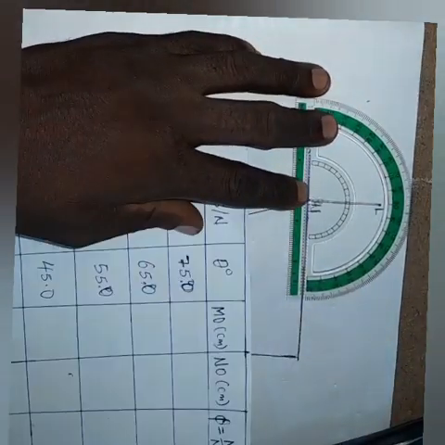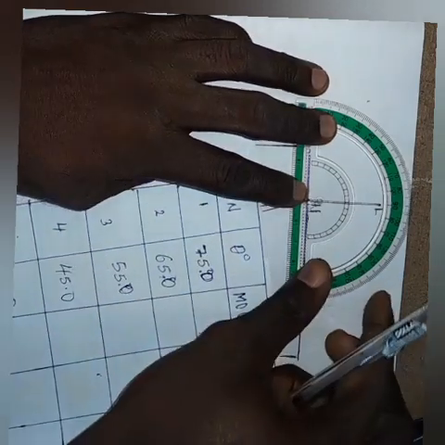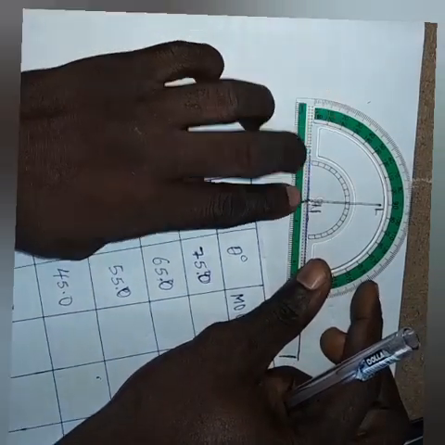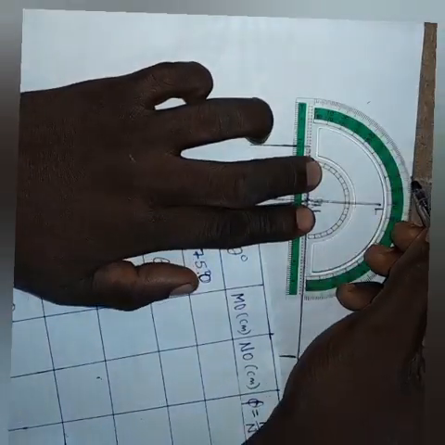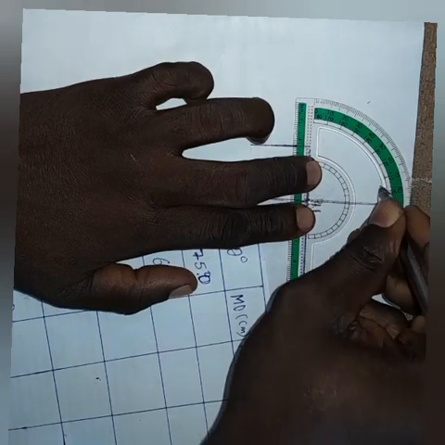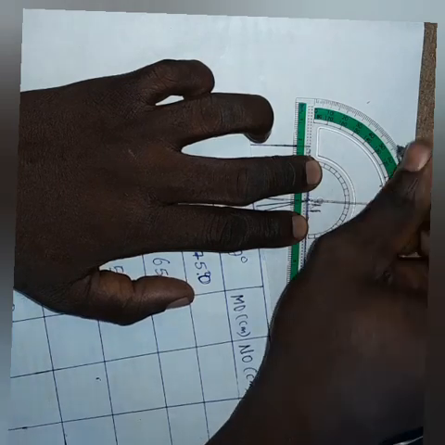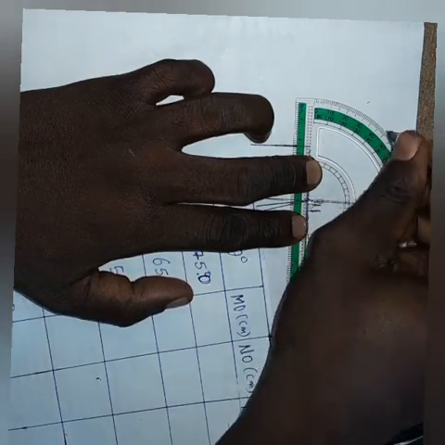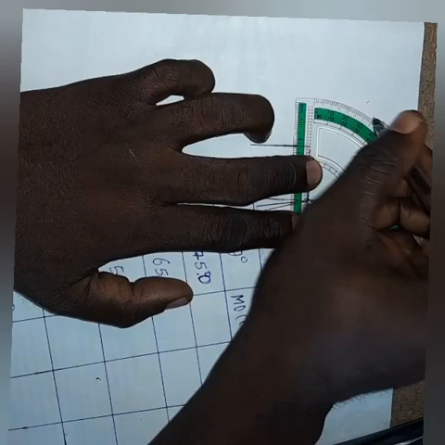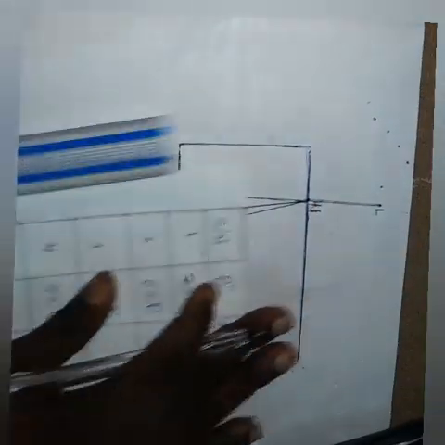The angles are 75 degrees. So let me take all the angles. This is 75 degrees. I'll draw one through there. This is 65 degrees, 55 degrees, 45 degrees, 35 degrees. So it's better to just mark all the angles down.